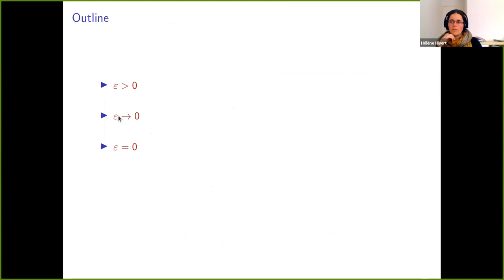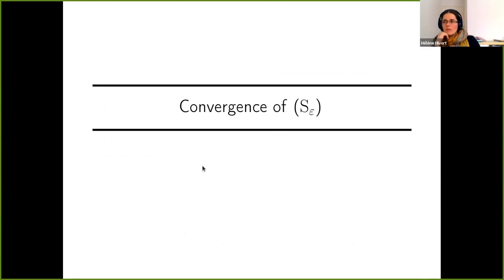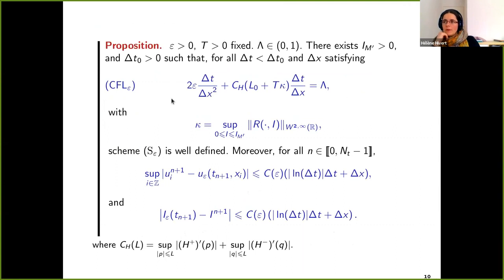We start with a positive epsilon, we make it go to 0, and at the end we have epsilon equal to 0. Okay? Well, the convergence of the scheme when epsilon is positive is not really a complicated result, but I will give some details because it gives some tools for what comes next.